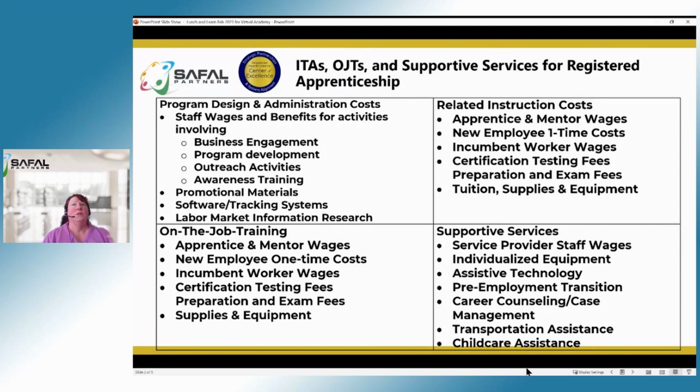You do it using your WIOA funds. And you may be thinking about what kind of tools and equipment your apprentice needs as they're going into this registered apprenticeship program. You can help with that using the WIOA funds. I didn't know if you actually knew all of this.